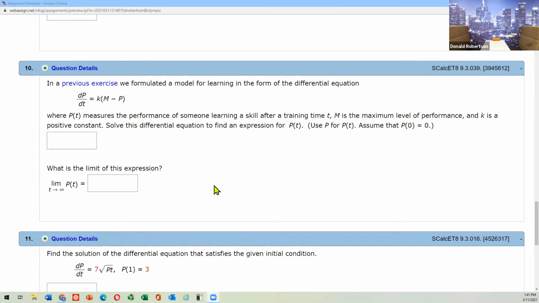So we have dP by dt is some constant K times (M minus P). And we're given a boundary condition that P of 0 equals 0. Let's do that part first.